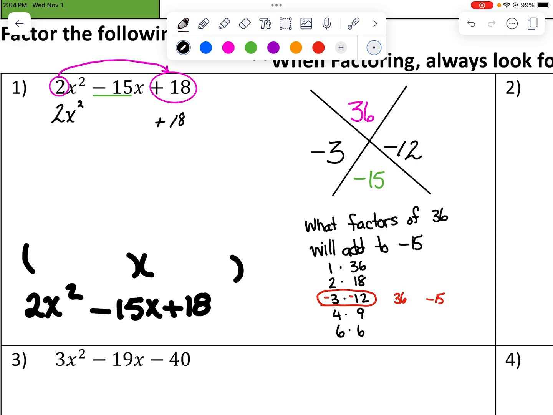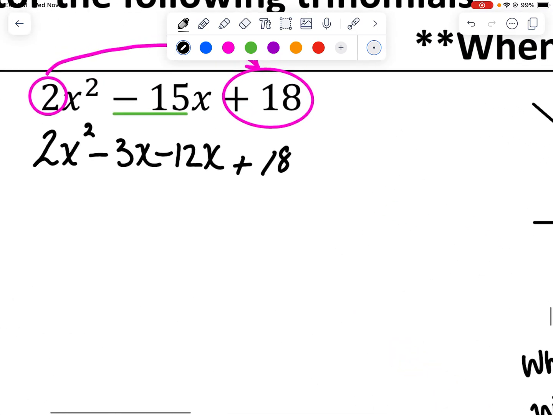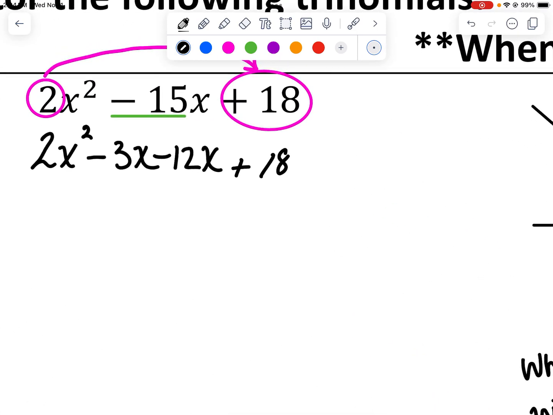So now that I know those are the ones we want, I'm going to take the negative 3x and put it right here. And I'm going to take the negative 12x and put it right here. So now I have this, and that is called splitting the middle term. It is called splitting the middle term because if I were to take these two terms and combine them, they would give me this term right here.